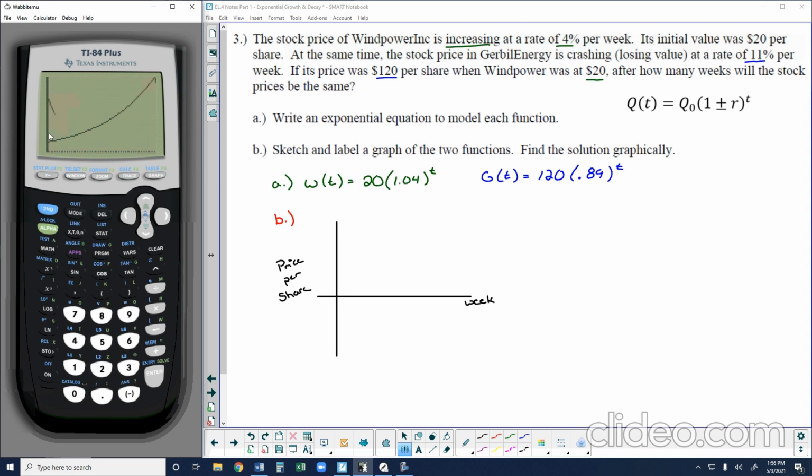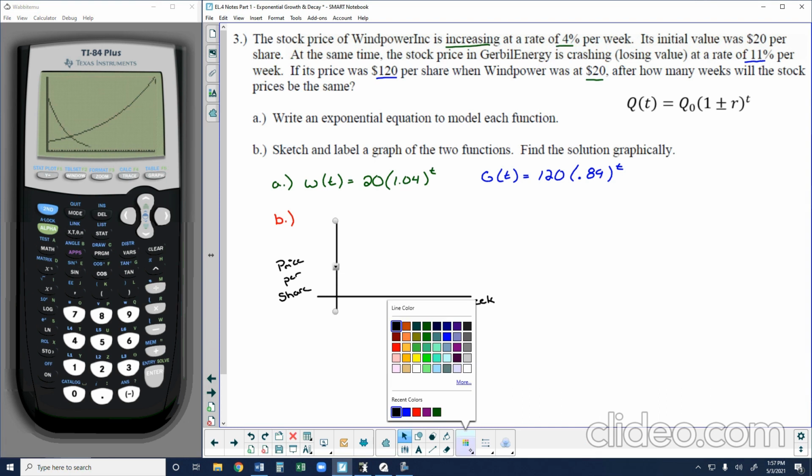And so here we see the first curve represents the price of Gerbil Energy. The second curve represents Wind Power Incorporated. And I can bring this down to the y minimum, to 0 to the x-axis. And we'll see that I don't actually need quadrant 4, so I'm going to shorten up my graph here. And I'm going to draw a sketch.